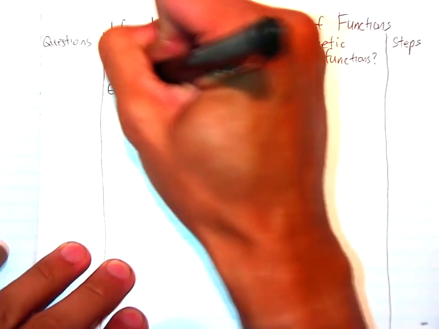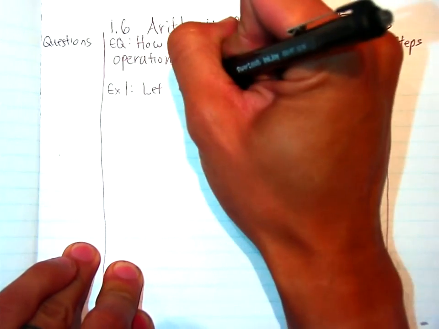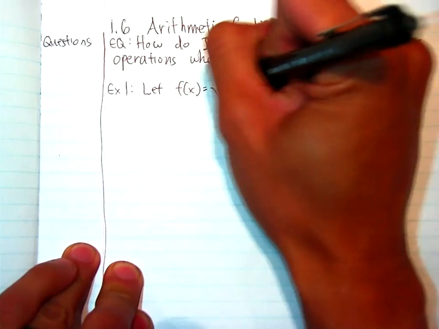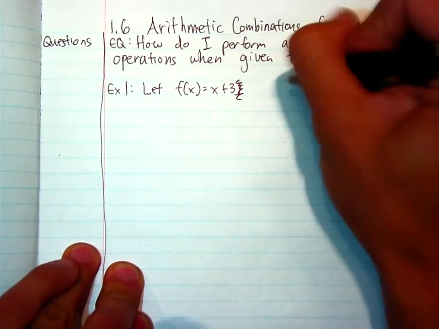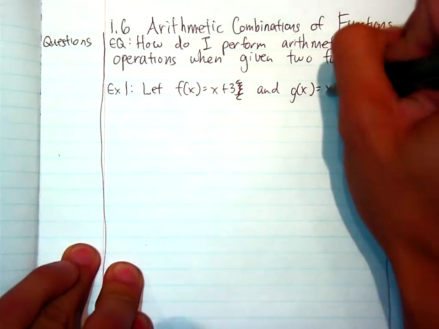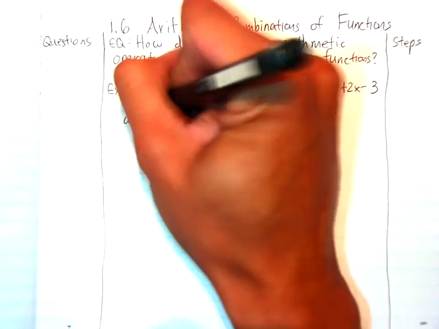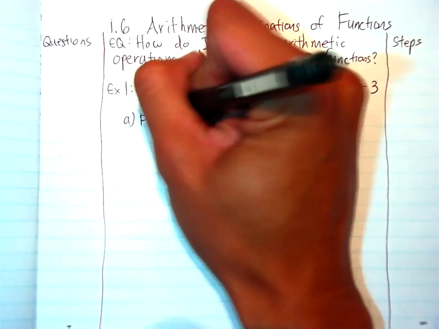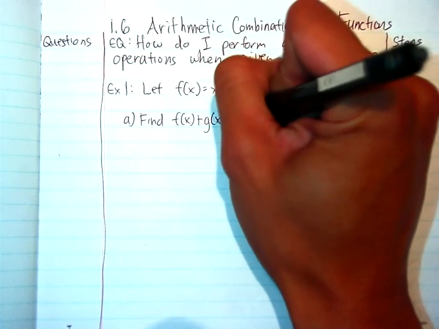Alright, so example 1. I'm going to combine some problems, but example 1 will be: let f of x equal x plus 3, and g of x equal x squared plus 2x minus 3. So part A will find f of x plus g of x.